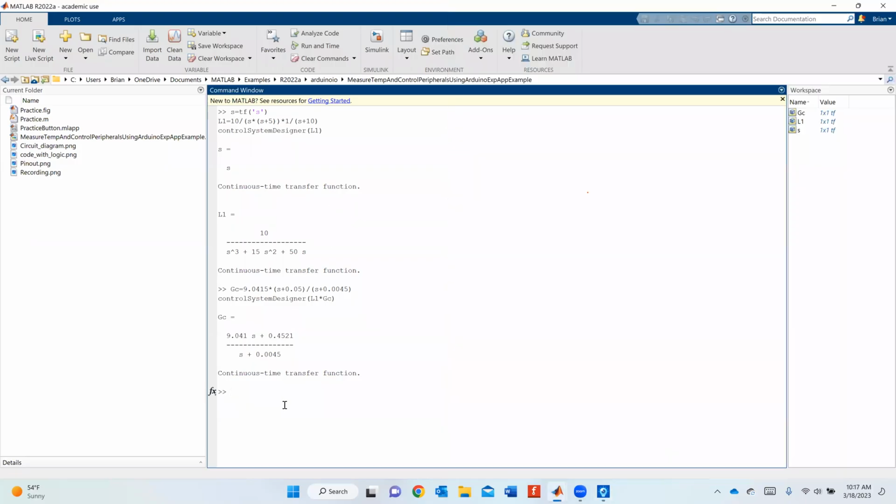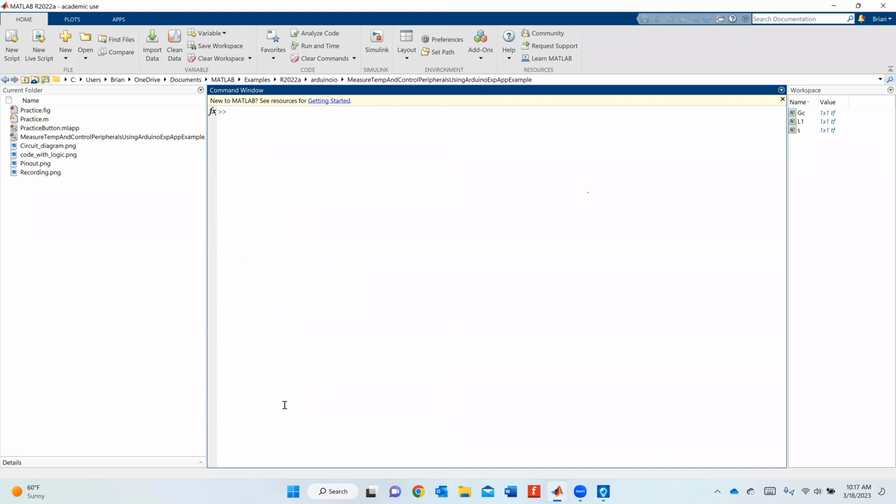I'm going to clear everything here, and then I'm going to use S is equal to the transfer function of S. If we need to determine K for which this system is stable, you probably remember what we need to do is our Bode.